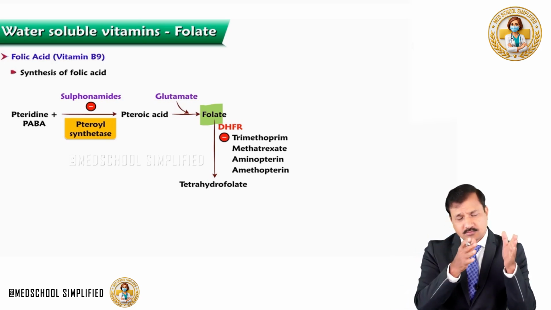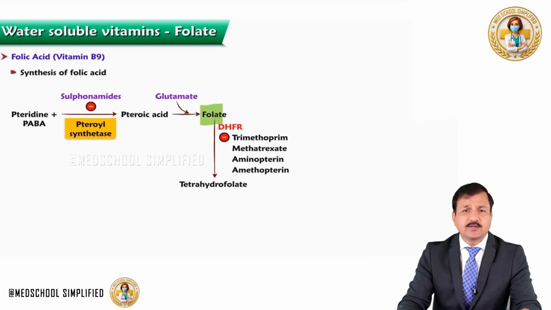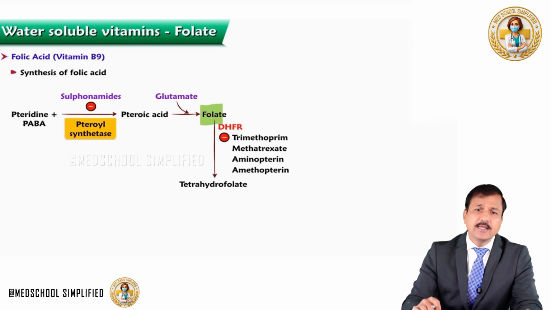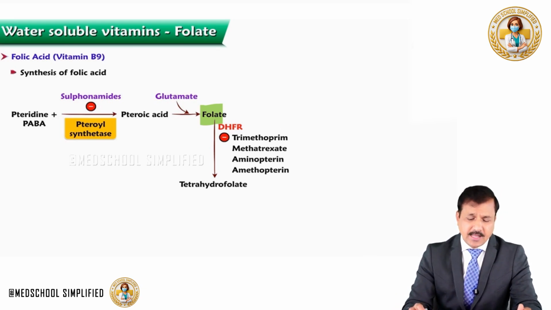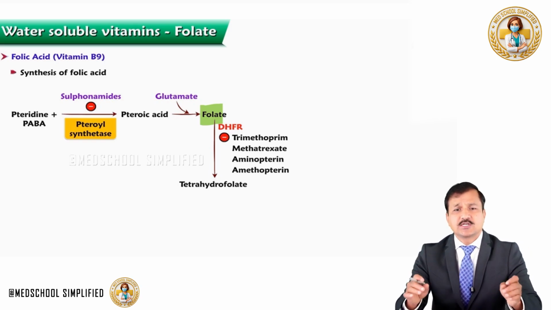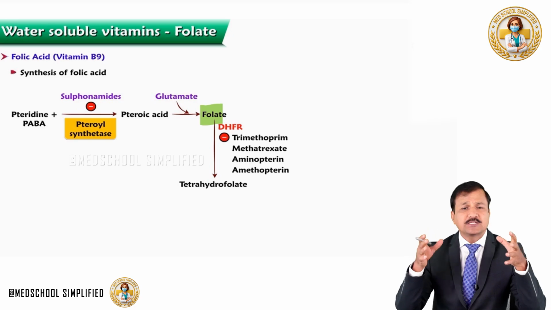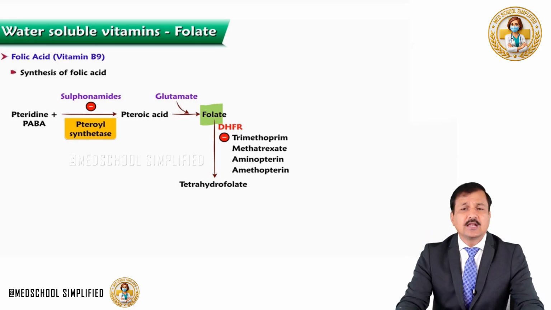So the first glutamate in the folate and 5 more glutamates are added to make a polyglutamate tail, and that polyglutamate tail imparts multiple negative charges to folic acid, and that will basically make this folic acid to be sequestered within the cell where it is required.